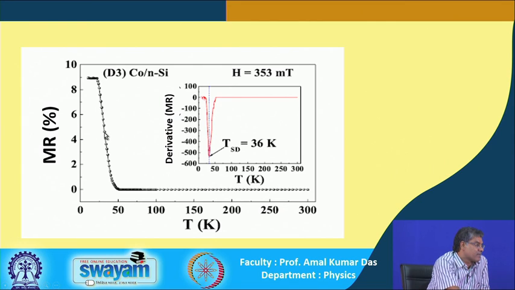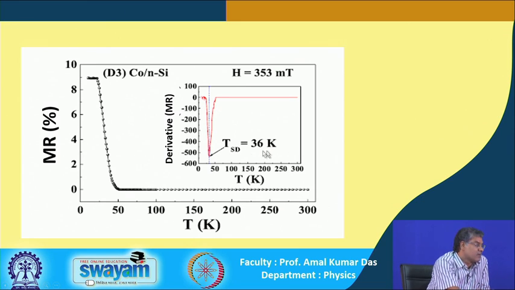So, again if you take the derivative of the y axis as a function of the x axis, that derivative we have taken of this curve, and here you can see the change of sign of the slope. So, from this plot you can accurately tell the temperature, with an accuracy of 1 Kelvin even.